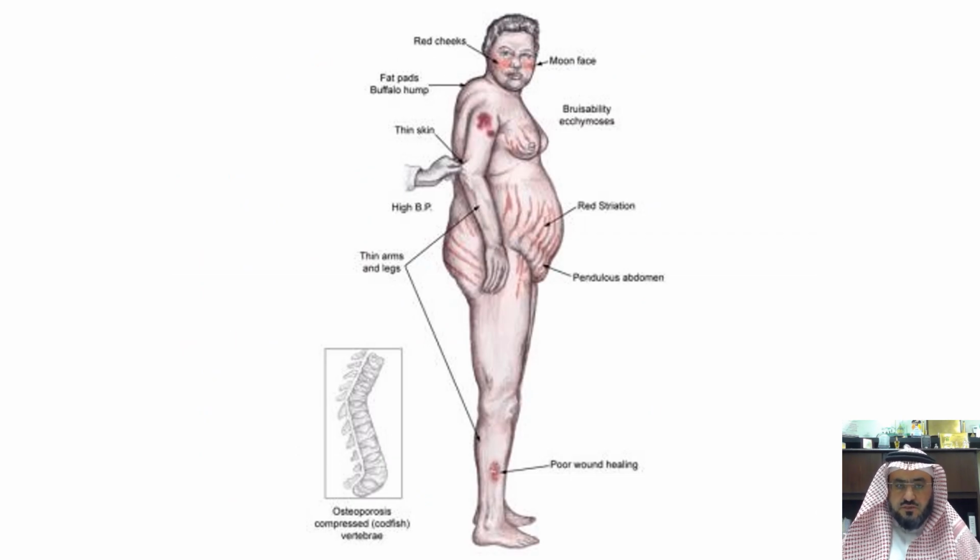And this picture shows the clinical features of Cushing syndrome. You could see the slide is a very clear combination of many clinical anomalies in Cushing syndrome.